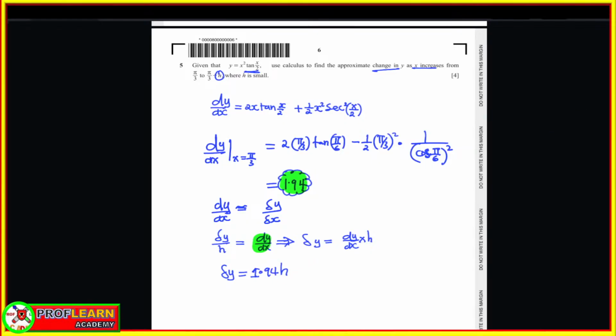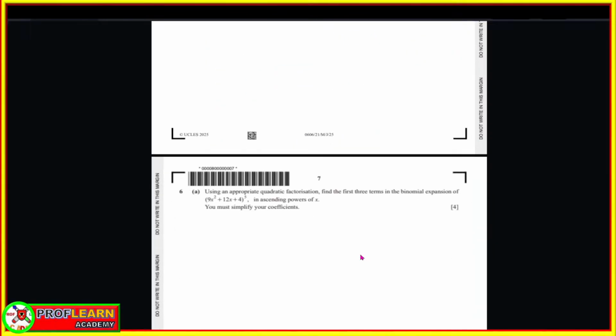So if you work it out, your small increment in y is going to be that.